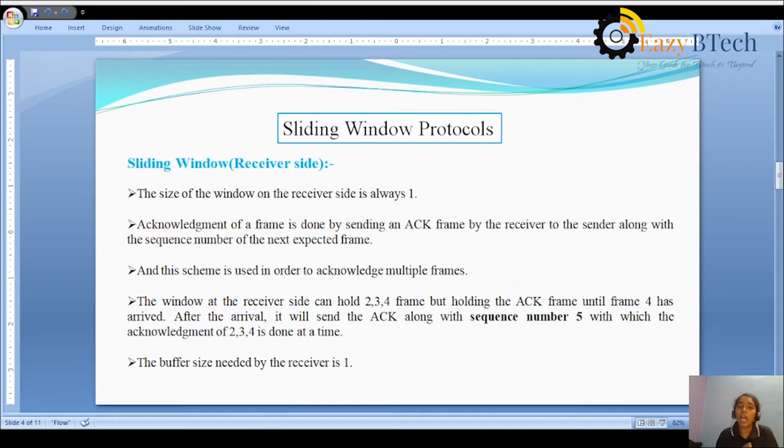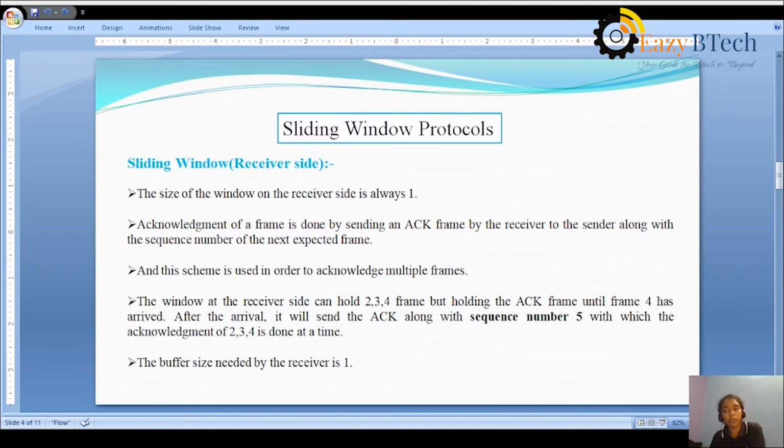Acknowledgement of the frame is done by the receiver sending an ACK frame to the sender along with the sequence number of the next expected frame. We already discussed this previously. Whenever the frames are received by the receiver, only one acknowledgement frame is sent covering all the frames, and it also includes the sequence number of the next expected frame.